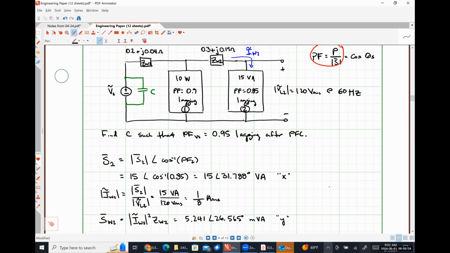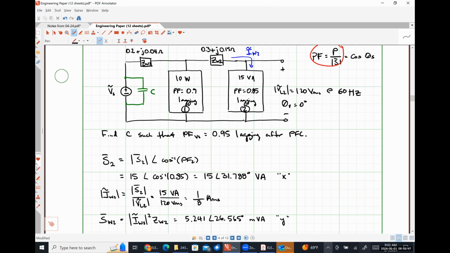So we are effectively going to have to make an assumption here, okay? And so what I am going to assume is that the angle on this voltage was 0 degrees. So let's talk about what that's going to mean.